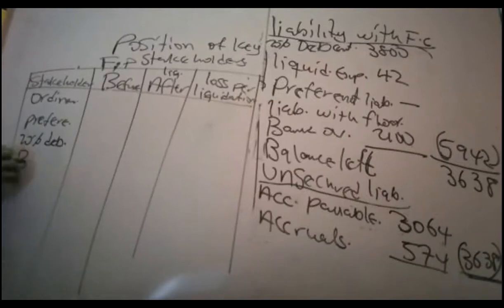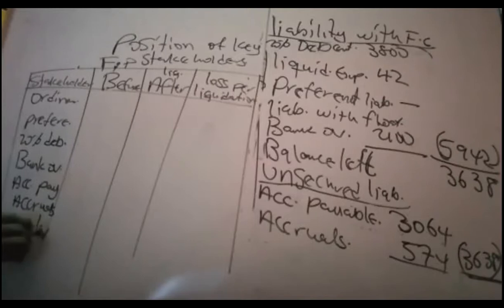Why can't you record their values there? And finally, preference dividend in arrears. Don't forget that one. So let's go to the financial position and record these figures.